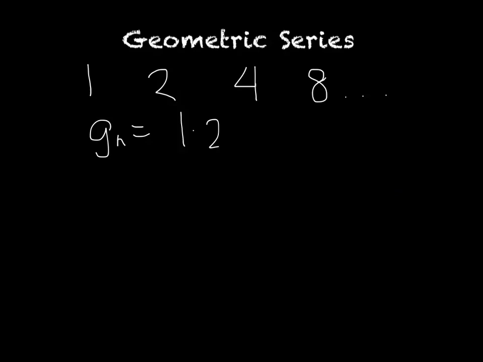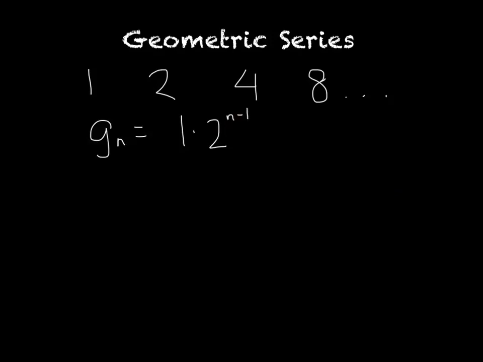We can do something similar for a geometric series. Again, I'll write a sample geometric series so we can look at it as an example. We'll start with 1, and we'll just multiply each of the terms by 2 to get the next one. That means that our explicit formula is gn equals 1 times 2 to the power of n minus 1. Again, this is in terms of n.